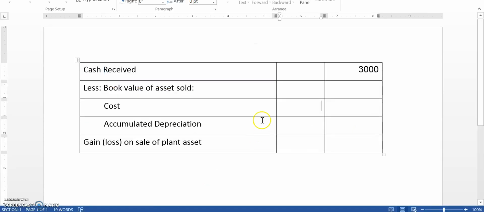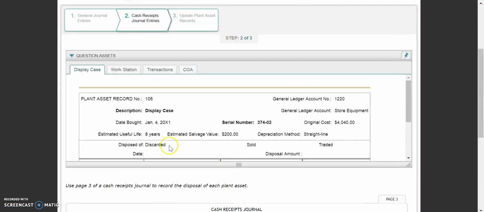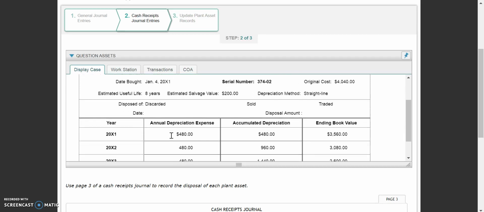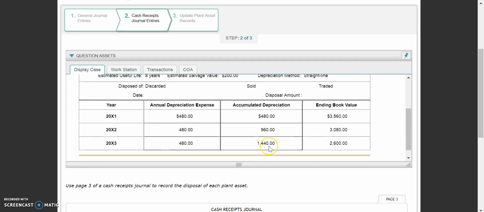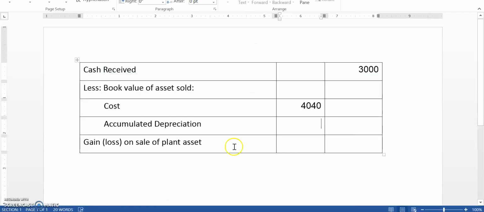So we go and plug that in, $4,040. And then we need to figure out our accumulated depreciation. So we scroll down, and our accumulated depreciation at the end of the year was $1,440, which means that our book value was $2,600.